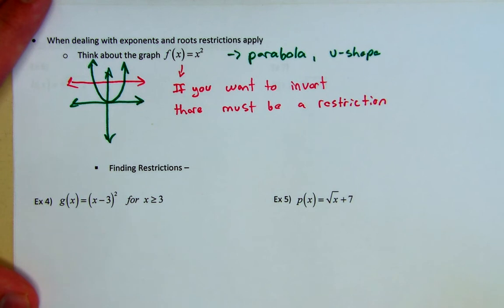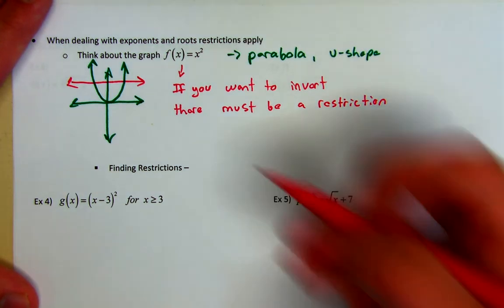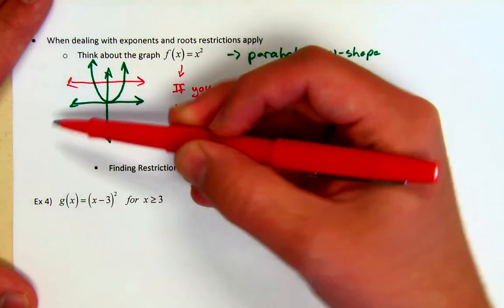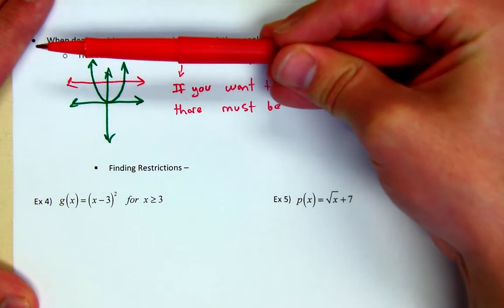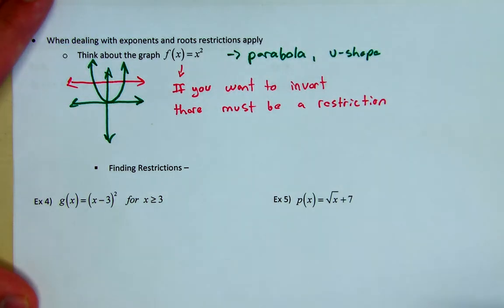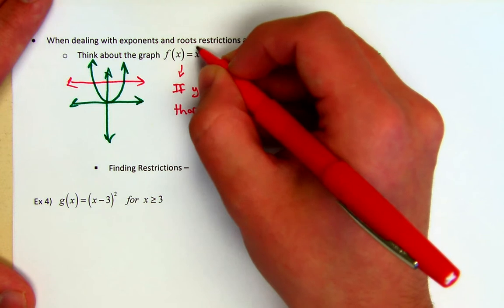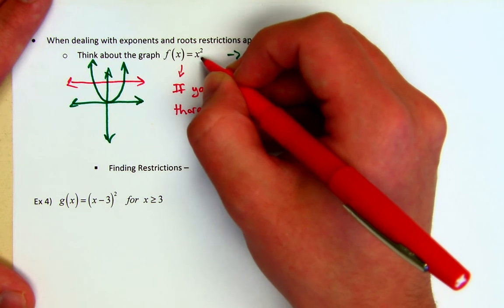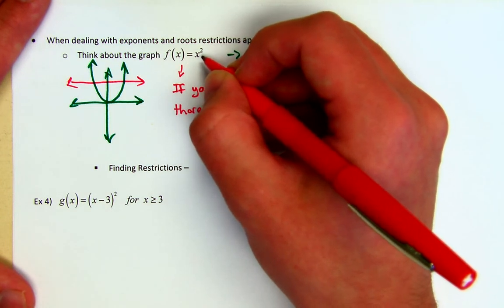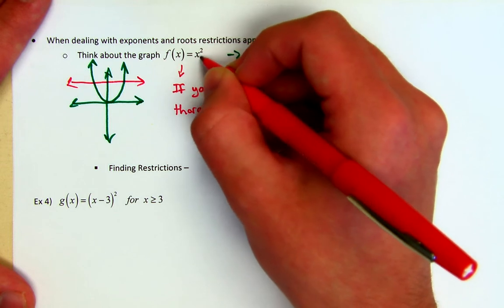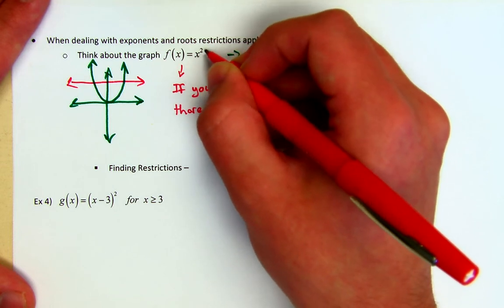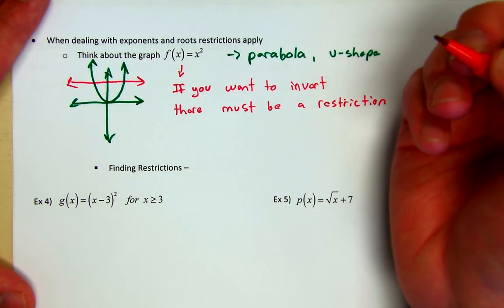To find that restriction, we can look at the range of the original function. So the range of this function, starting from the bottom going up, first we start at 0 and we go to infinity. So we know that the inverse can only have 0 to infinity as its restriction. Or, if we take whatever's raised to the even power and set it greater than or equal to 0, we get the restriction. So since x is set to the even power, we set that greater than or equal to 0.